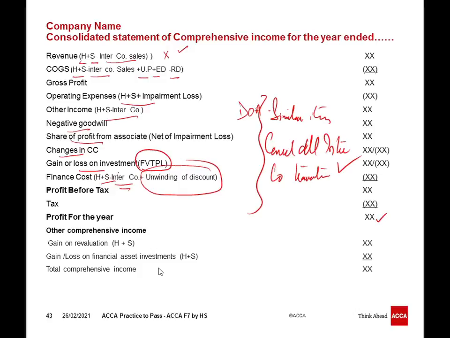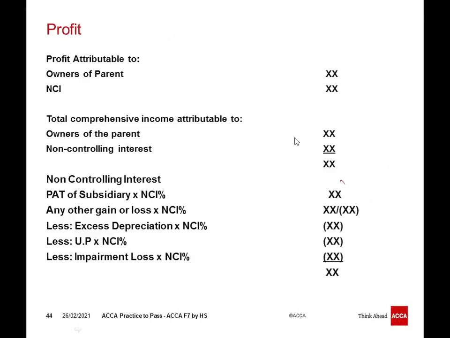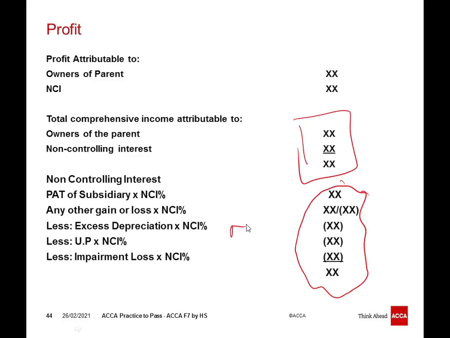Then you will find the profit, and after this profit, we will report the other comprehensive income, and this profit has to be split between the group and the NCI. So how can we distribute the profit between the group and NCI? Here is a format for calculating the NCI.